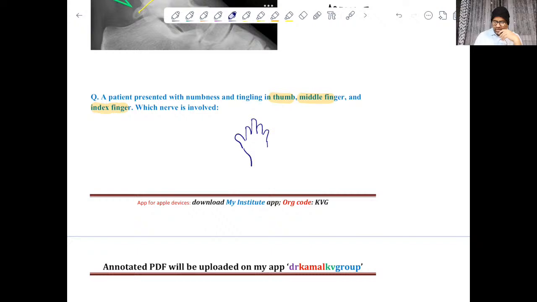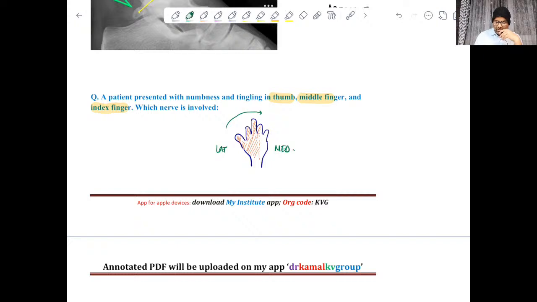If you have a presentation like this on the volar aspect, this is the lateral 3.5. Clear? So this is all the territory of median nerve, and we go from lateral to medial. So this is lateral, this is medial, of course.